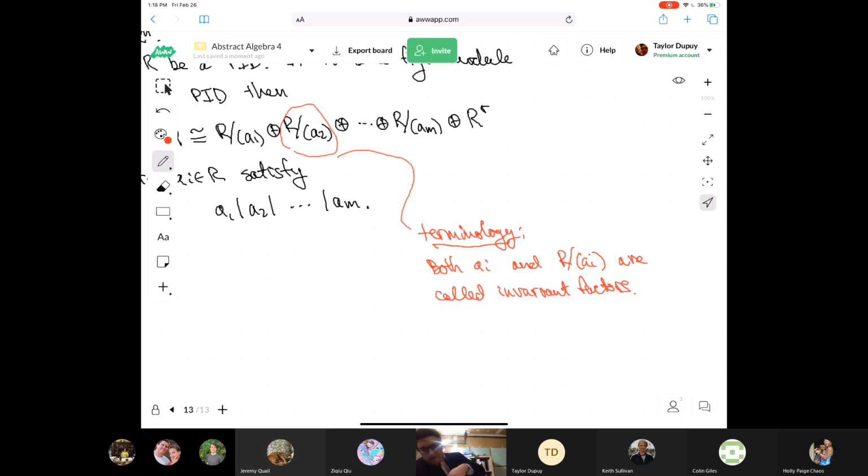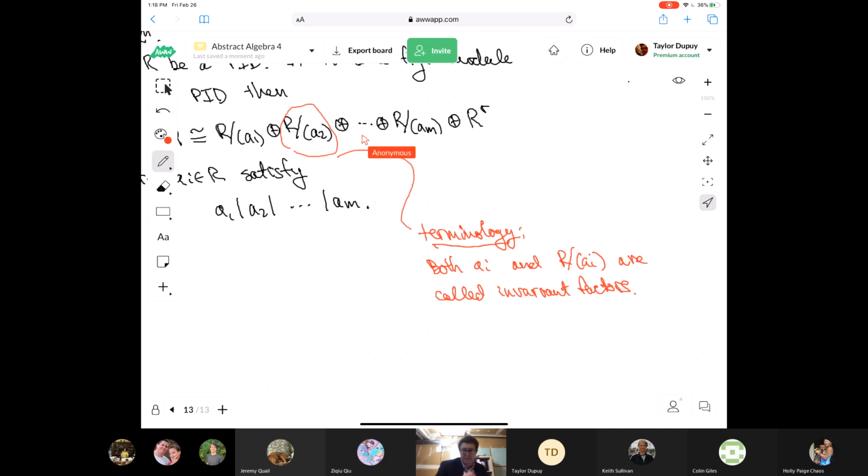The idea is that when you have a linear operator on a vector space, we could take that linear operator and make the vector space into an F[x] module, where F is the field we were working with, and the module structure was given by applying a polynomial to a vector by plugging the linear transformation into the polynomial.